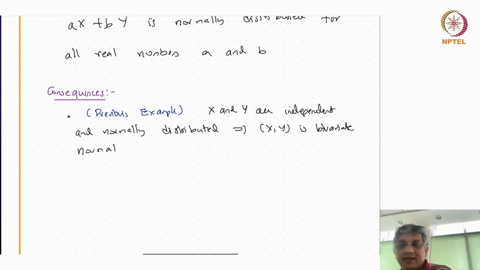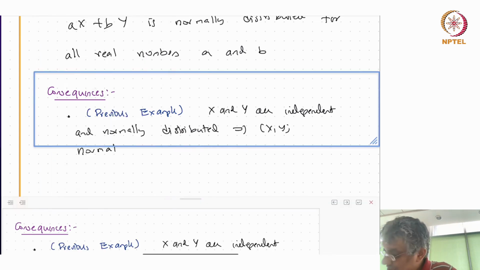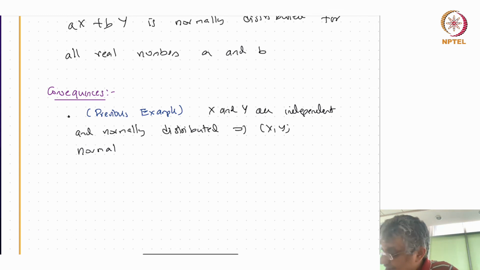That's one fact you need to get right from the previous calculation, because the previous calculation showed that for independent normals, the linear combination was always normal. That's the definition of bivariate normal.